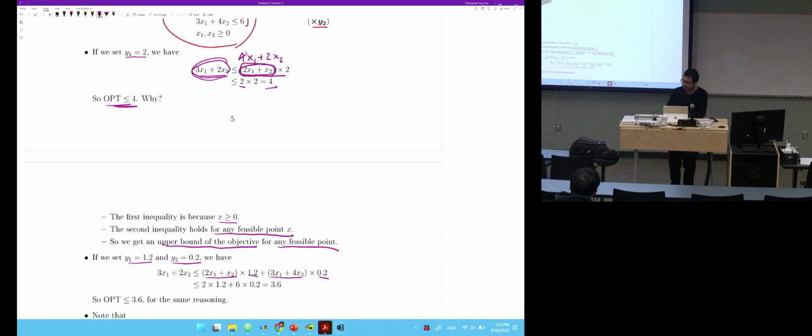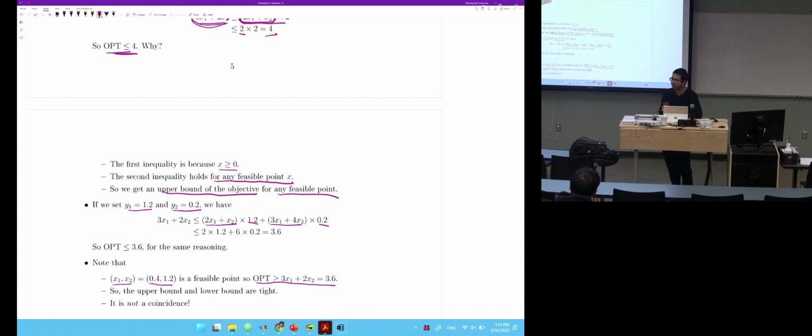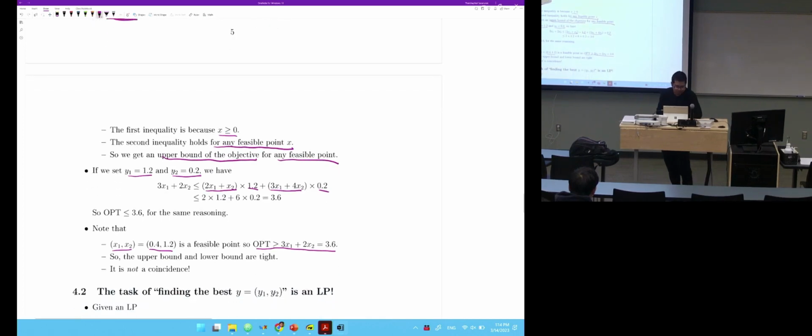Okay. So, makes sense up to this point? So now the punchline is this. The problem of finding the best y, the best linear combination, itself is an LP problem.